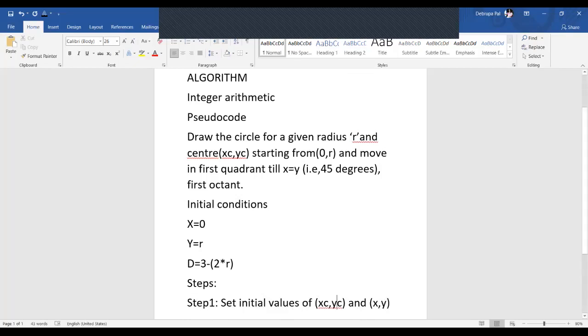So these are the initial values. xc, yc means the x and y coordinates of the center, and x and y values.